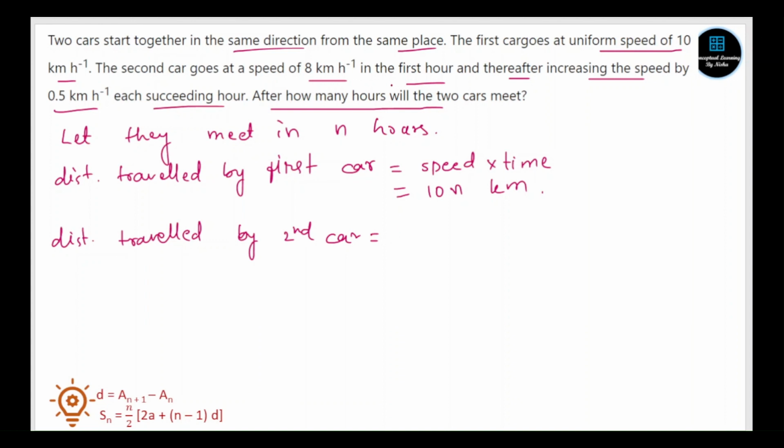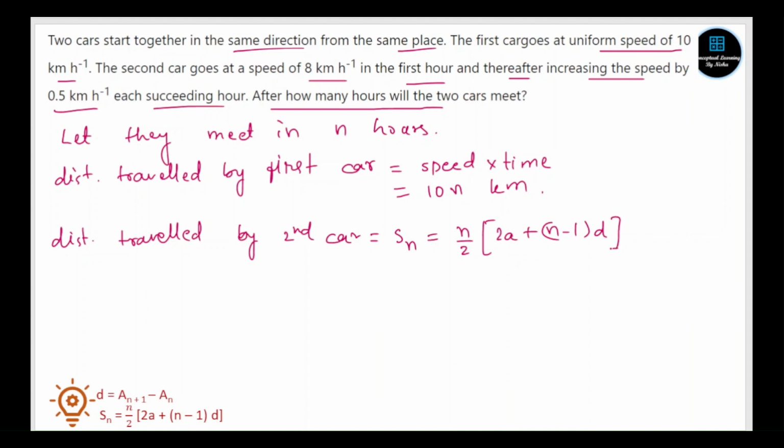See, it is in AP, arithmetic progression, so this is nothing but the sum of n terms. You already learned that it is n upon 2 into 2a plus n minus 1 into d. I'll just write the formula first and then we'll write the values.